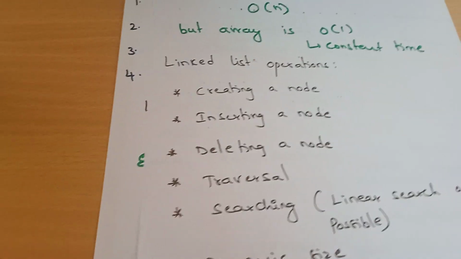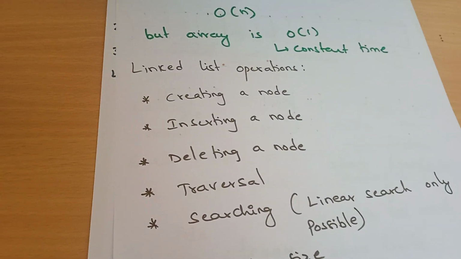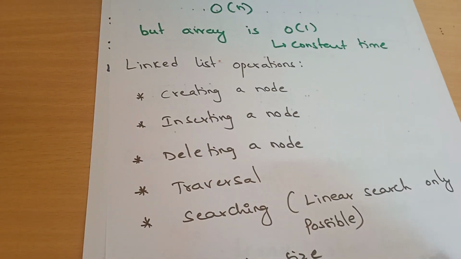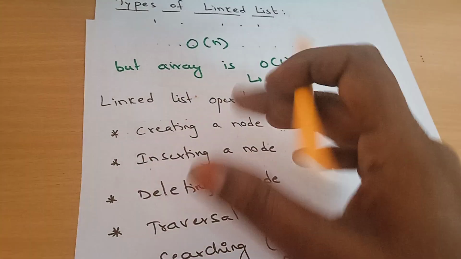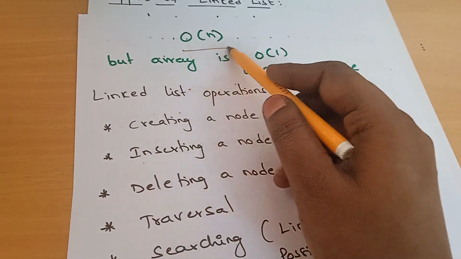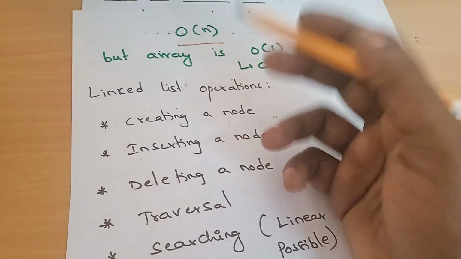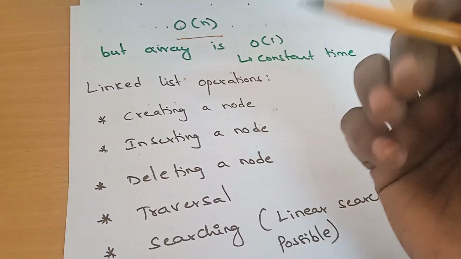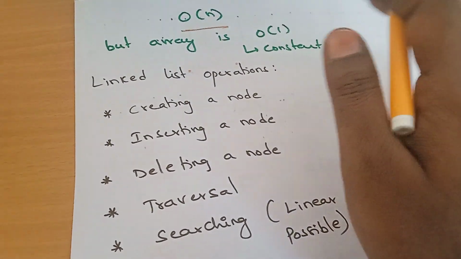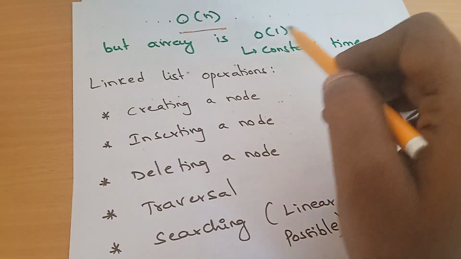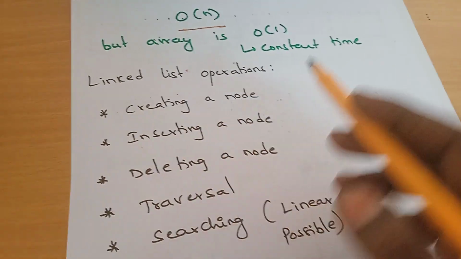Now before I close, I'll tell you some more important things as a summary. I told you just now that it takes order of n, because it doesn't give us individual element access. Sequential memory access is given for a linked list, but an array is Big O of 1. So the linked list operations are these.